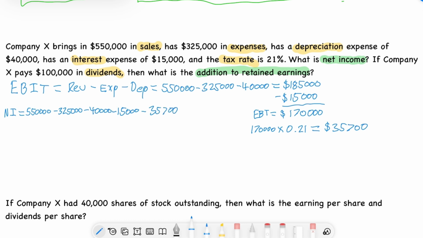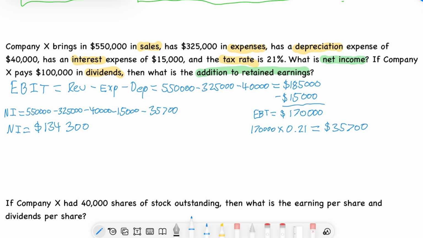So all of these, we subtract them all. We should get a net income of $134,300. And that would be our answer for our net income.